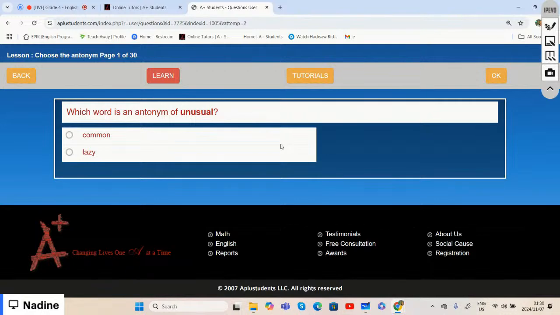It says, which word is the antonym of unusual? Is it option one, common, or option two, lazy? Which one is the antonym of unusual, the opposite of unusual?